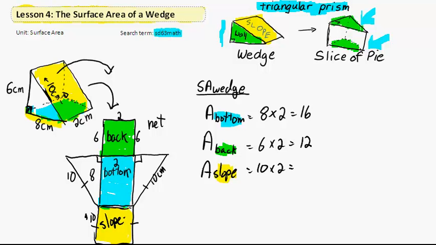Now, you might look at these 3. They're all related. You could add them together in a different way. You could go 8 plus 6 plus 10, all times 2. And then the last thing that we have is the area of the triangular wall.